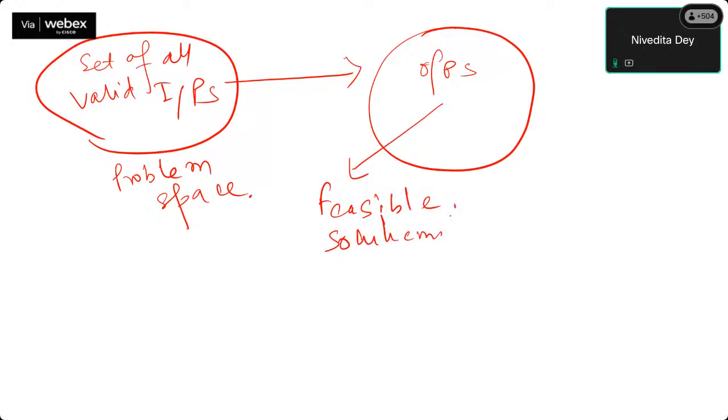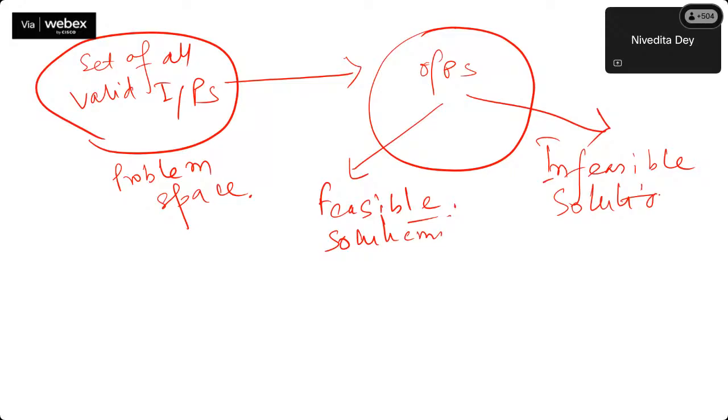That means your output can be a feasible solution. Also, it can be an infeasible solution. So feasible will actually satisfy all problem constraints.